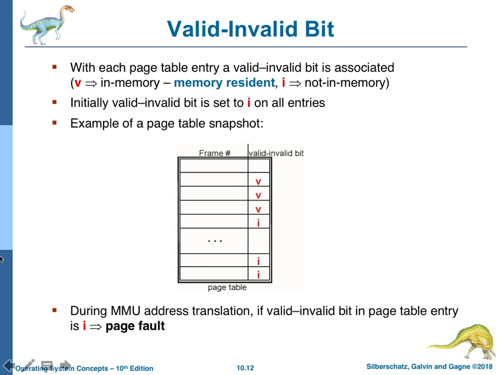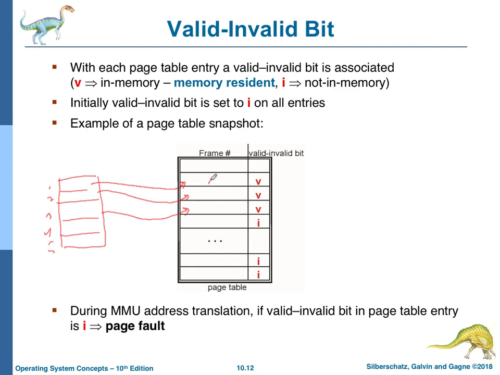For example, if we have a process, and it might have 1, 2, 3, 4, 5 pages. Let's say when it is loaded into the main memory, three frames are loaded for the execution.